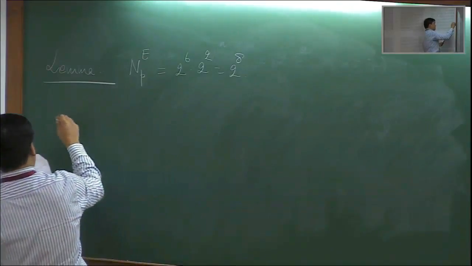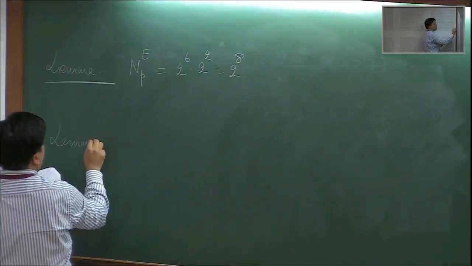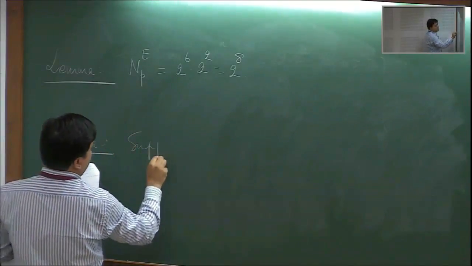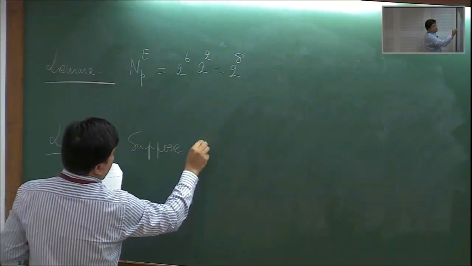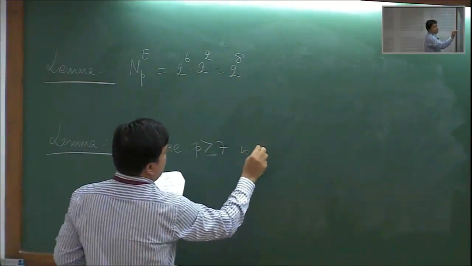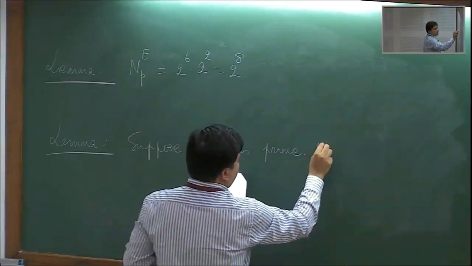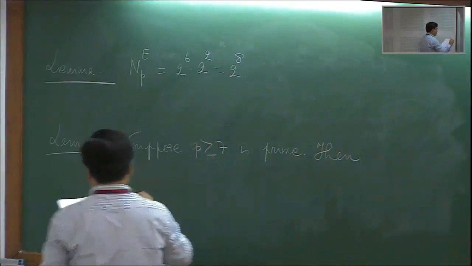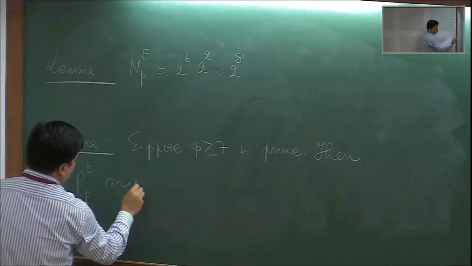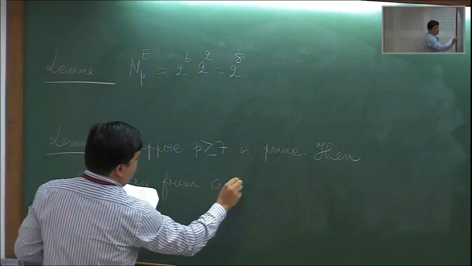Okay, then suppose this is prime, then my rho_{E,P} arises from a newform.